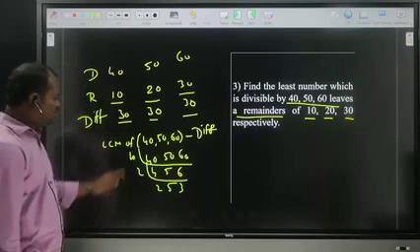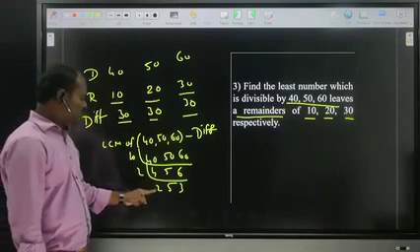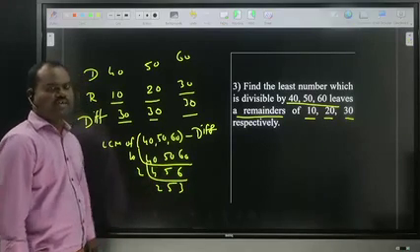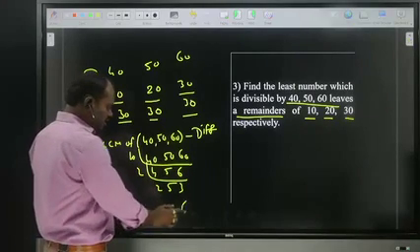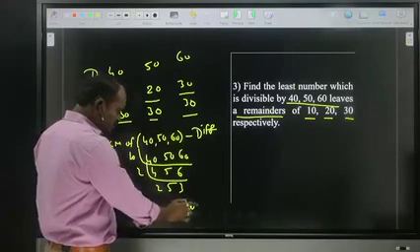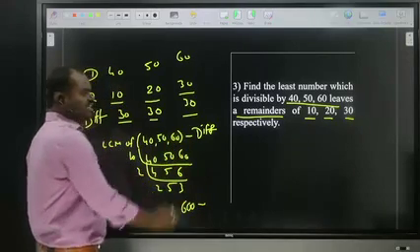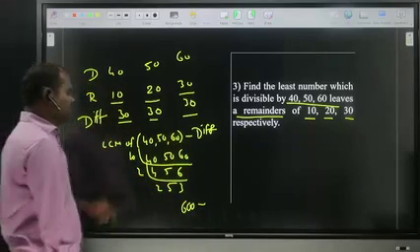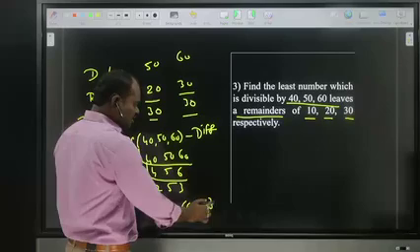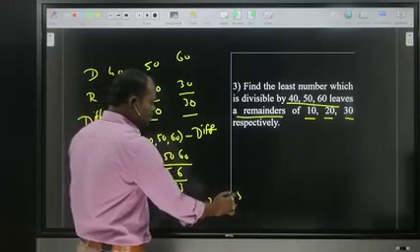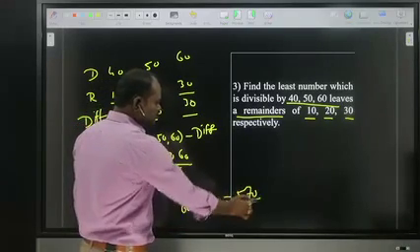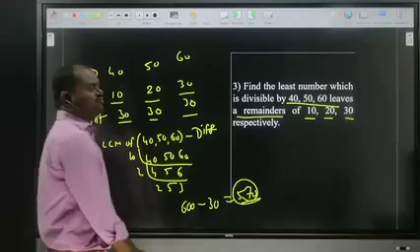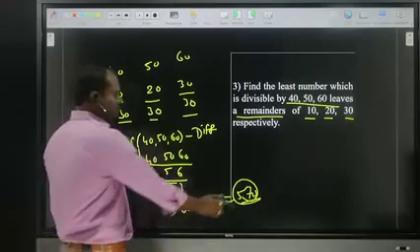What is the LCM? 10 times 2 is 20, times 2 is 40, times 5 is 200, times 3 is 600. LCM is 600. So our answer is 600 minus the difference. The difference is 30. 600 minus 30, so the answer is 570.